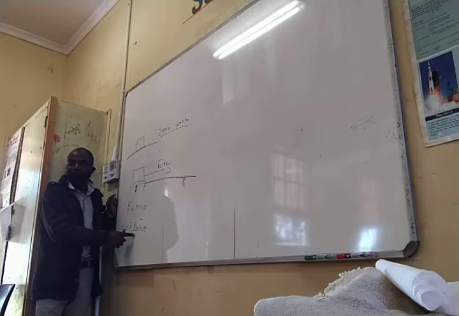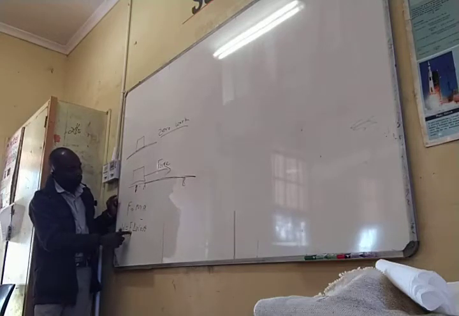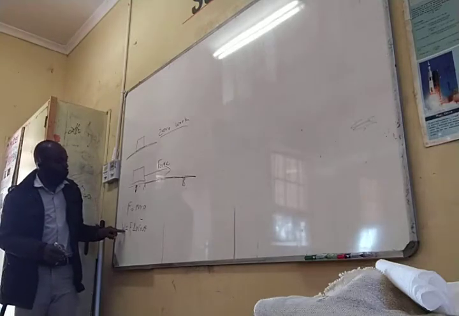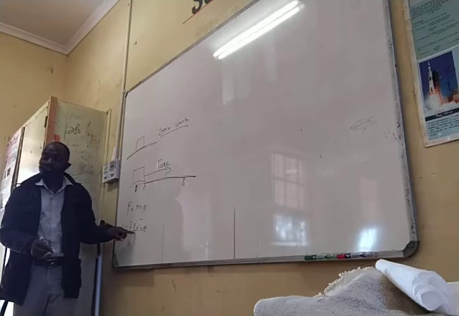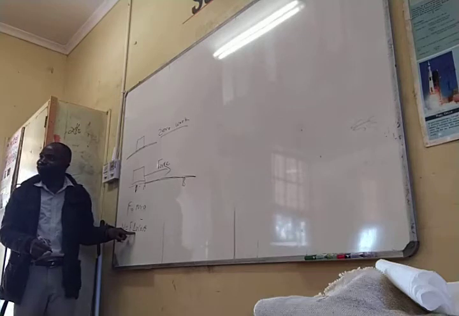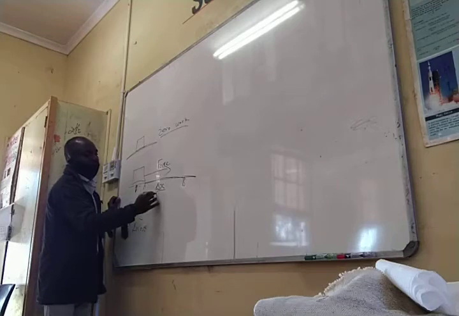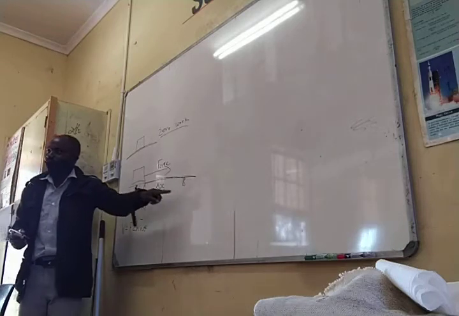Sorry, in the case whereby you don't have an angle. So in this case you have work, and then force, and then delta x. So what is delta x? Is the distance, yeah? So in this case, here is where you have your displacement.